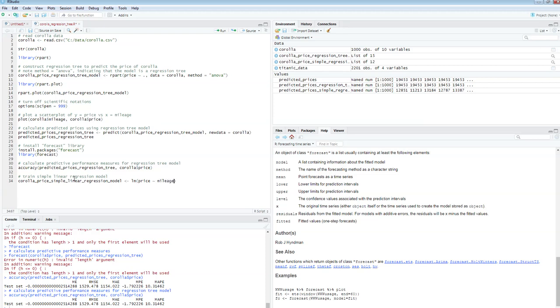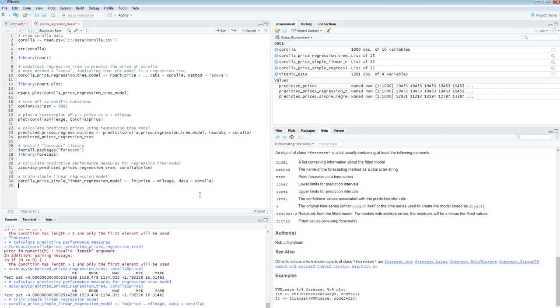We discussed that mileage is probably the strongest predictor out of them all. So this is my model. Because there is only one predictor, I call it simple. And of course the data that I'm going to use is the same, Corolla. So when I run this line, my model is here.